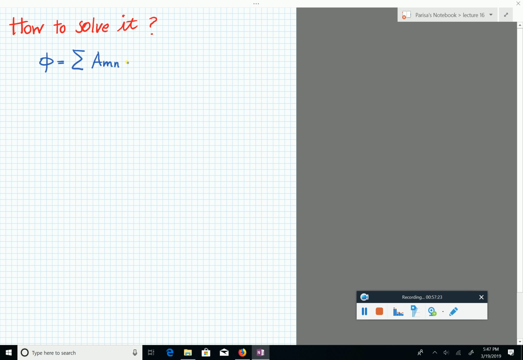a_mn x^m y^n, let's say, and then you solve it, and then you go back and see what kind of problem can be represented by that solution. So it's very interesting, but also it can be a little bit unsettling if this is the first time you see it.